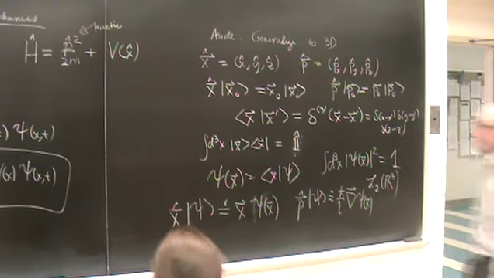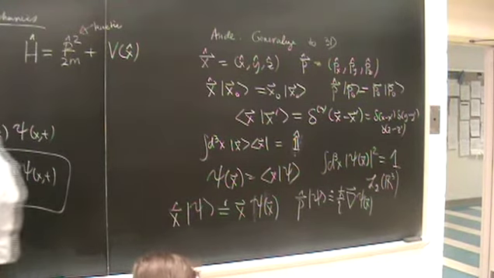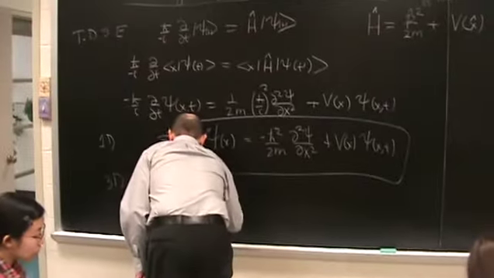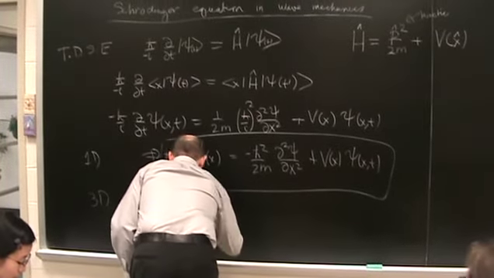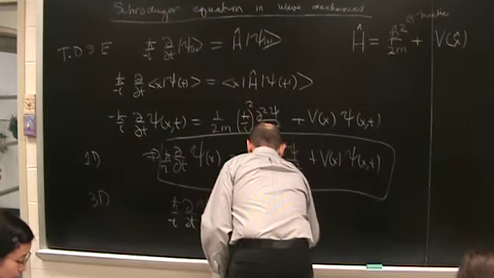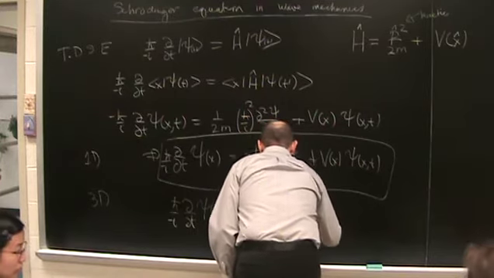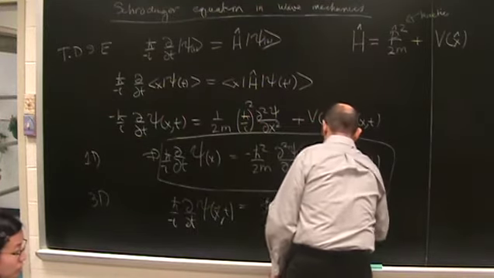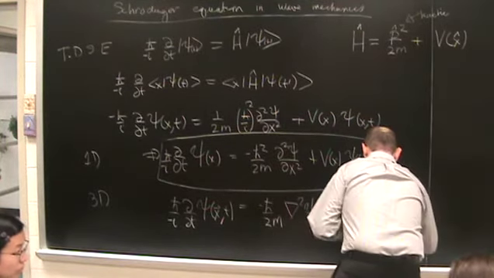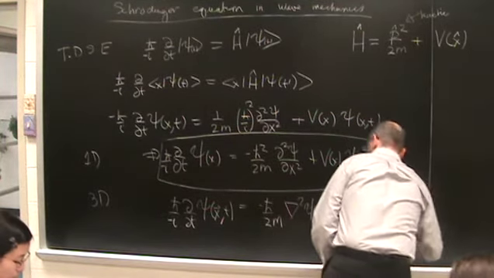So in 3D, whereas this is one spatial dimension, in three spatial dimensions the Schrodinger equation for the wave function becomes i h bar d psi by dt equals minus h bar squared over 2m, the Laplacian of psi, plus V of x psi.